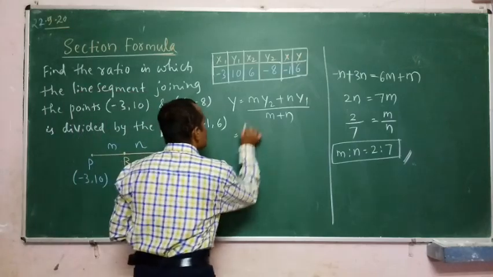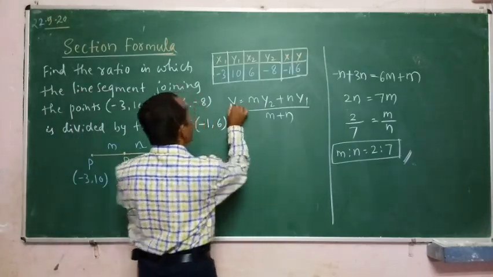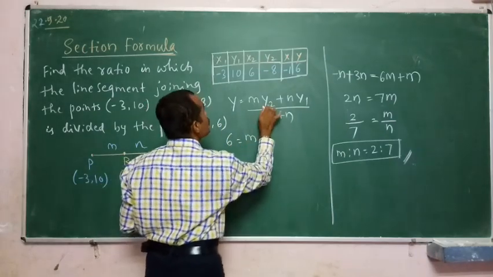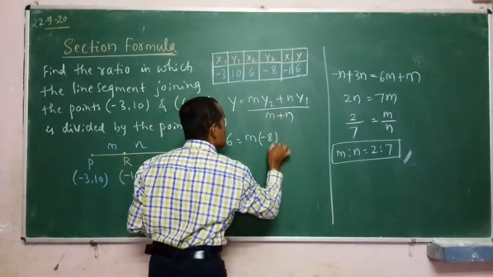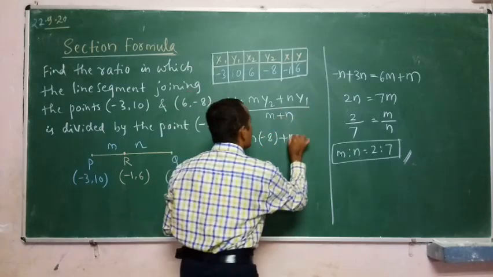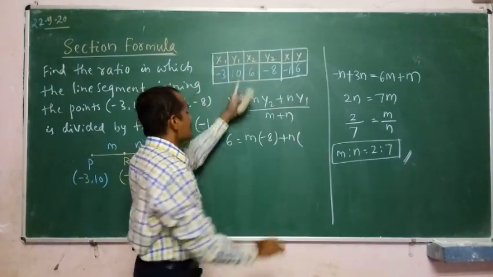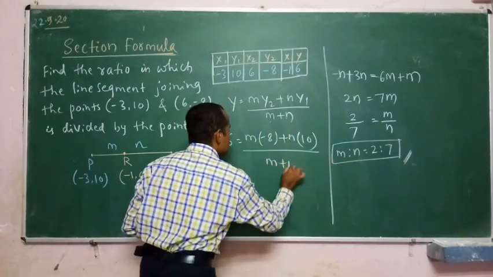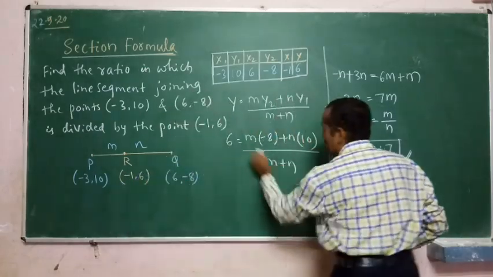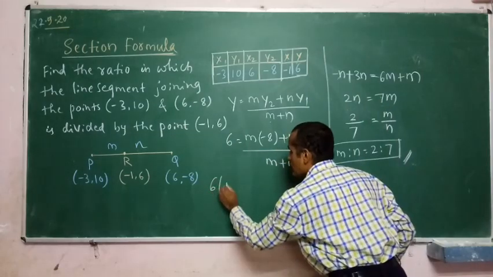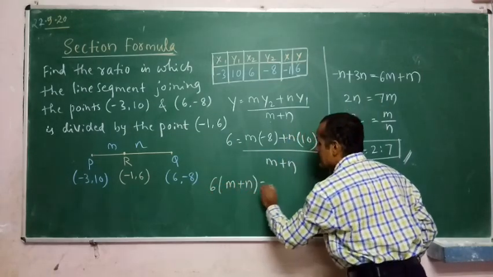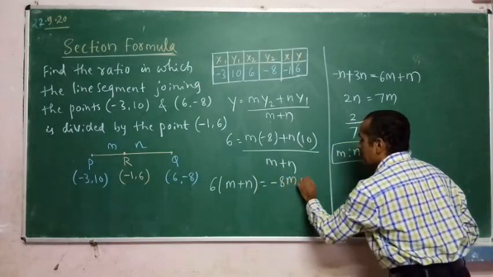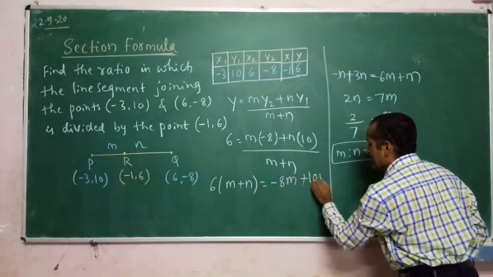Come on. So before that, y is 6, equal to m into minus 8 plus n into y1, which is 10, divided by m plus n. Come on, cross multiply. 6 into (m plus n) is equal to minus 8m plus 10n.